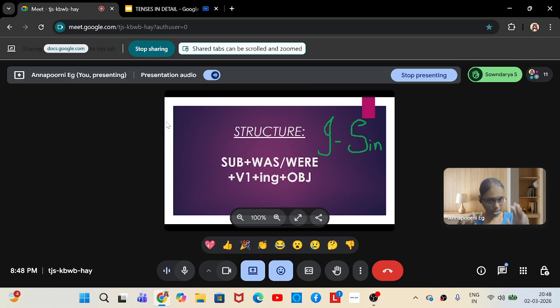So the verb should always be plural with I, even though I is singular. Okay. So now in present continuous tense, you write I am cooking, I am driving, I am learning, etc. In past continuous tense, will you write I was or I were?